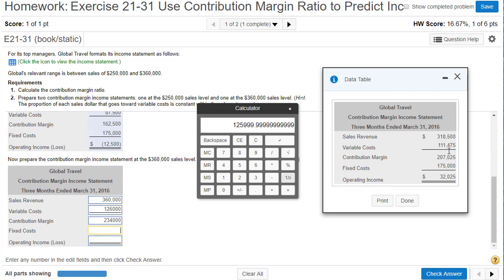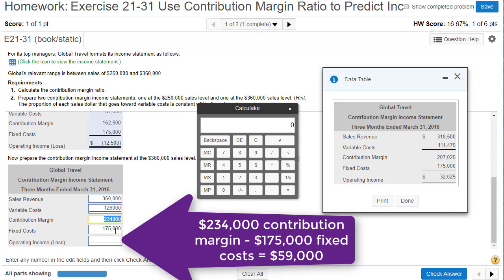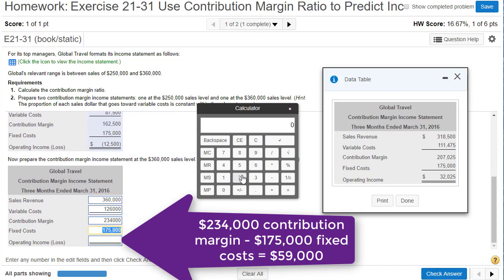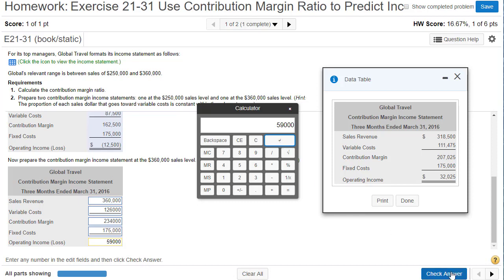All right, fixed costs are still going to be the same, 175,000. To get operating income, we take 234,000 minus 175,000, which gives us 59,000 of operating income.